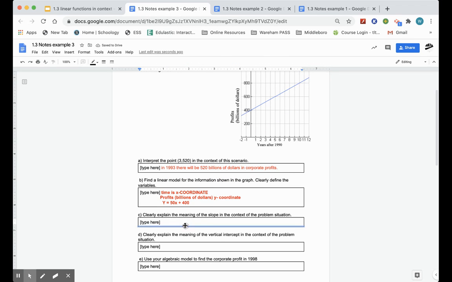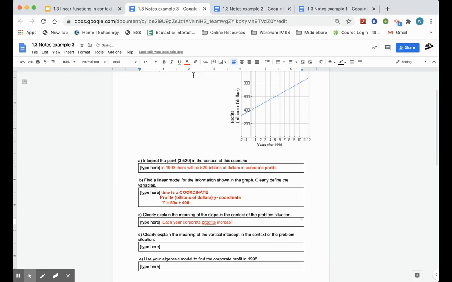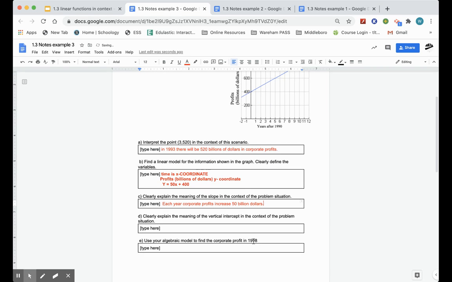Okay, so what's the meaning of the slope? That means that every year the profits increase 50 billion. So each year, corporate profits increase $50 billion. Clearly explain the meaning of the vertical intercept. That's your y-intercept.